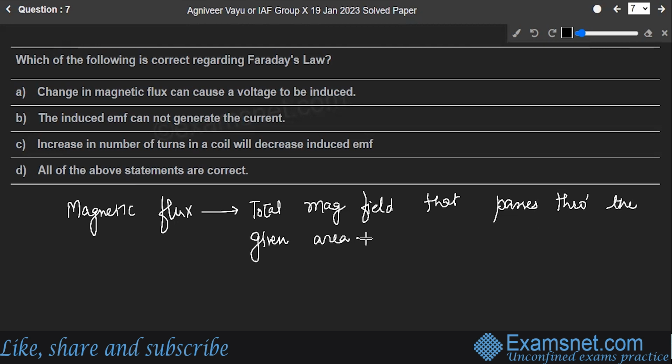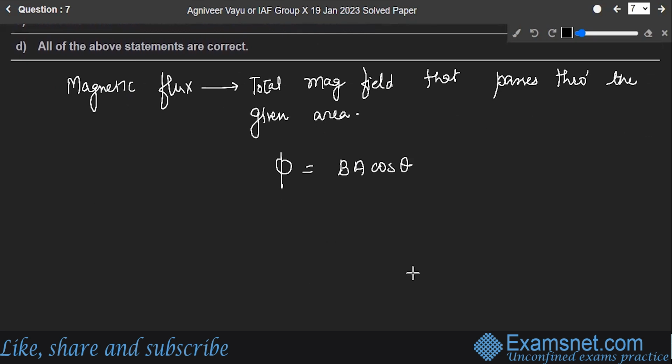If we choose a simple flat surface with area A, then there is an angle theta between the normal and the magnetic field vector of magnitude B, and the magnetic flux will be given by B A cos theta. Where B is the magnetic field vector.